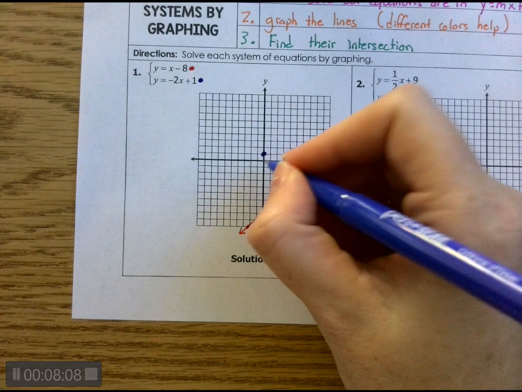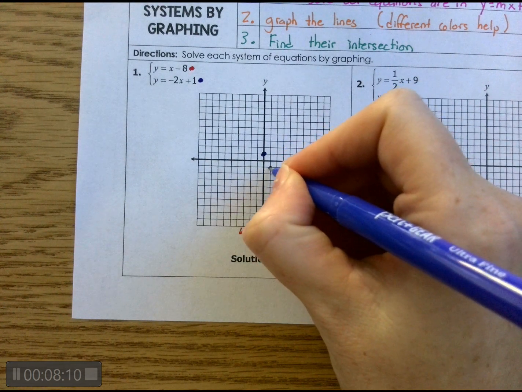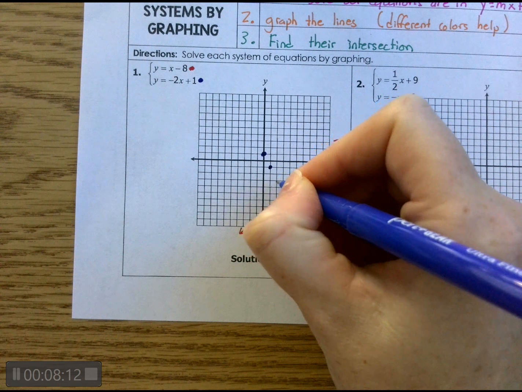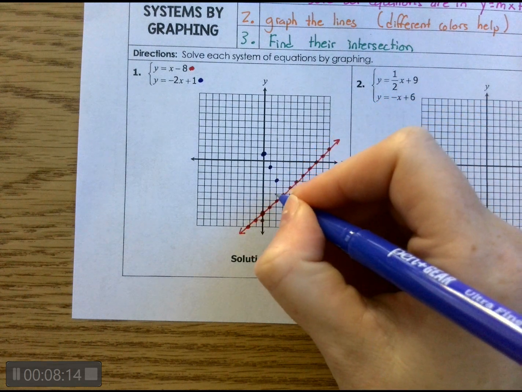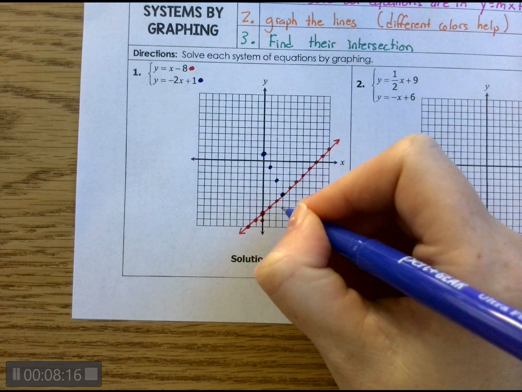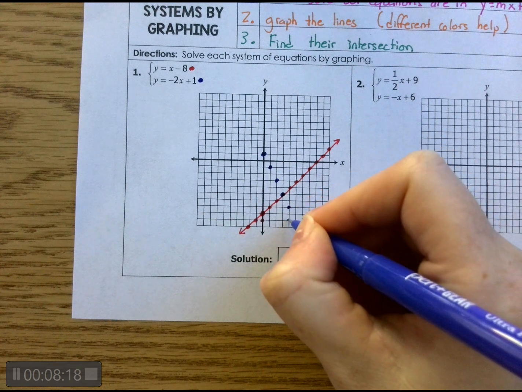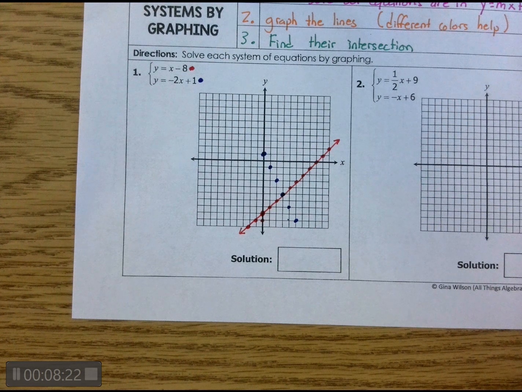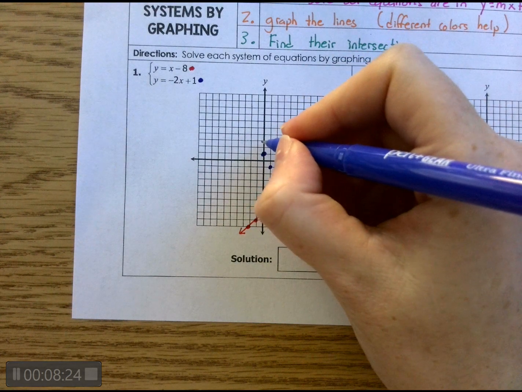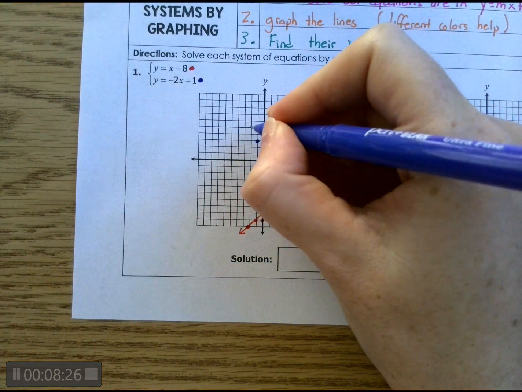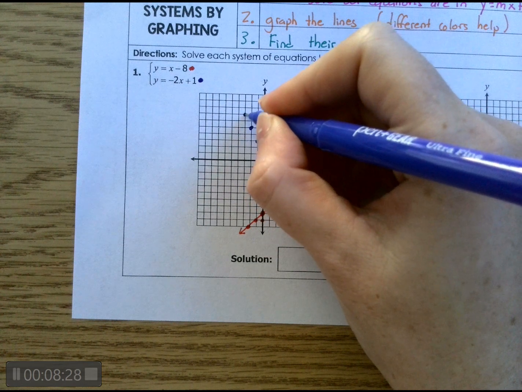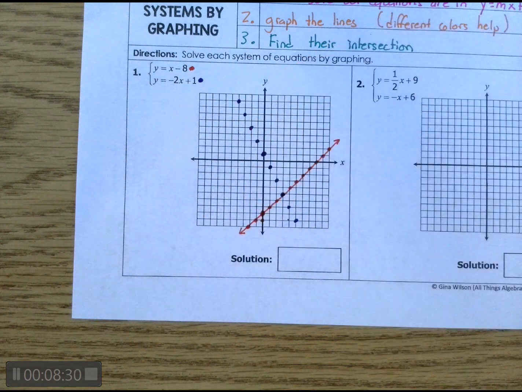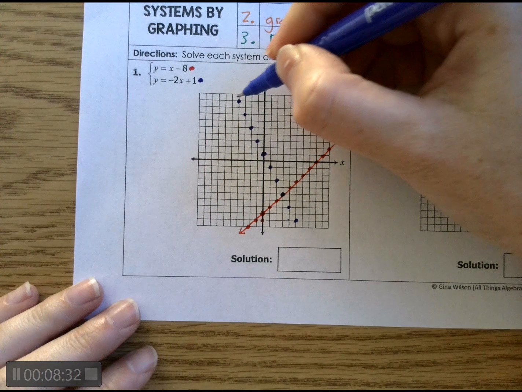Negative means down. So down 2 to the right 1. Down 2 to the right 1. And so on and so forth. And then when you run out of space, do the opposite. Now we're going to go up 2 to the left 1. And then connect your dots.